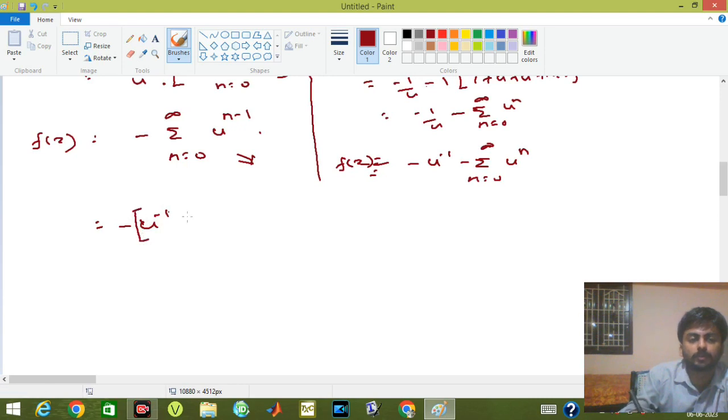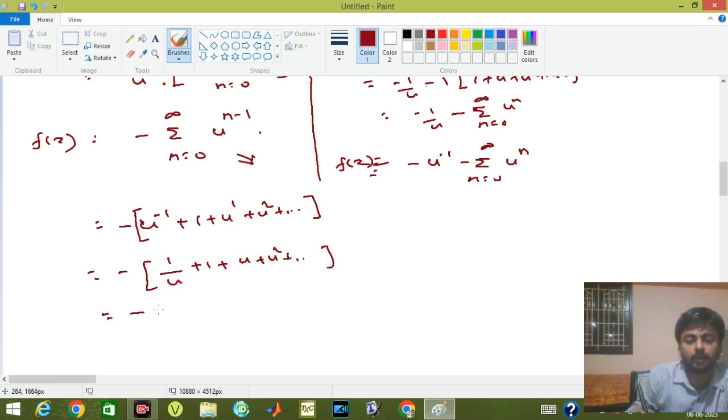So u power minus 1 plus 1 plus, if I put 2, it will become u power 1 plus u square plus etc. This is equal to minus of 1 by u plus 1 plus u square plus etc., which is minus of 1 by u plus summation n equal to 0 to infinity u power n.